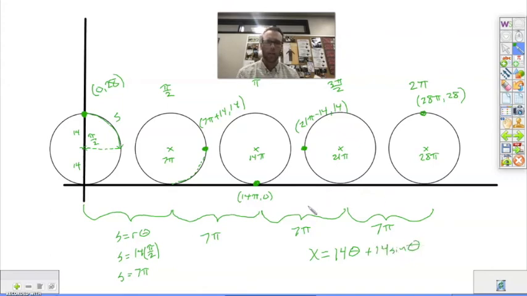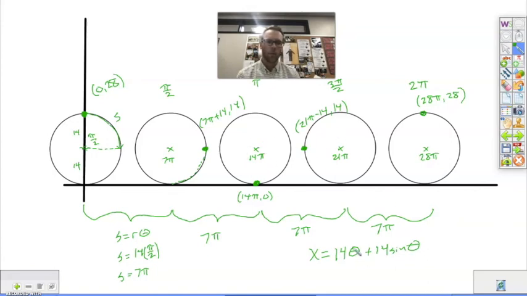Let's check that out. Let's pick an angle. Let's pick pi over 2. 14 times pi over 2 is 7 pi. What is the sine of pi over 2? 1. 14 times 1 is 14, so we have 7 pi plus 14. Let's try it at pi. Well, 14 pi, got that. 14 times the sine of pi is 0, so it's just 14 pi.